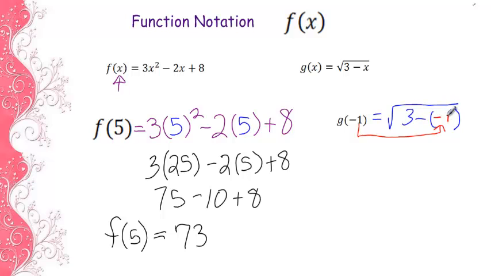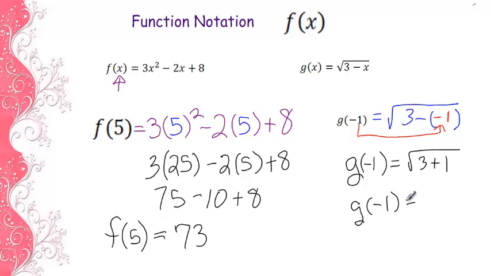So I'm going to put a -1 there. Well, it turns out that g of -1 is going to equal, well, minus minus is plus, so 3 plus 1. So g of -1 is going to equal a 2. 3 plus 1 is 4, and square root of 4 is 2.